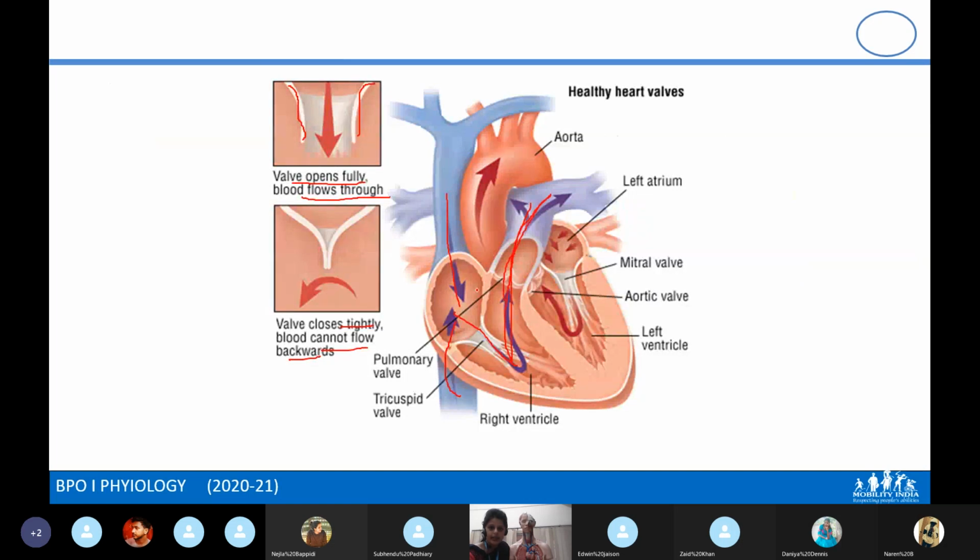When it comes to right atrium, right ventricle, then deoxygenated blood is going to the lungs. Why is it going to the lungs? To take oxygen. From where will that oxygen come? I said you are taking air, you are taking oxygen from the environment. That oxygen goes to the lungs.